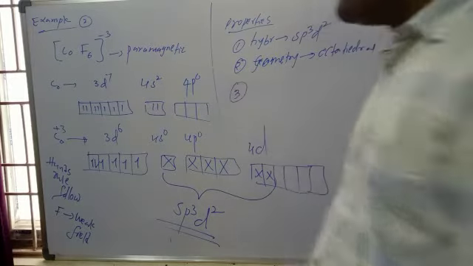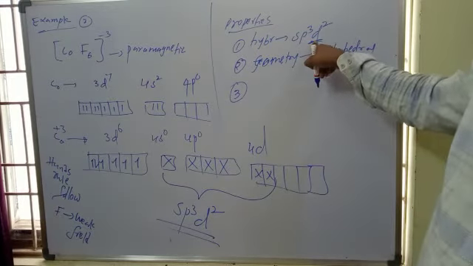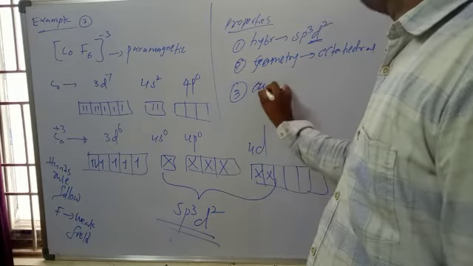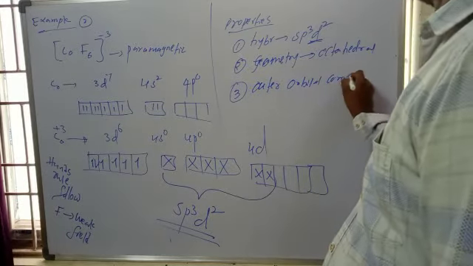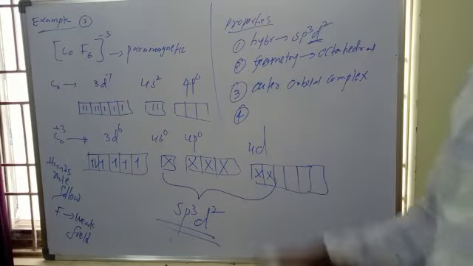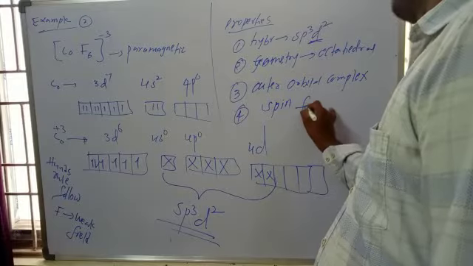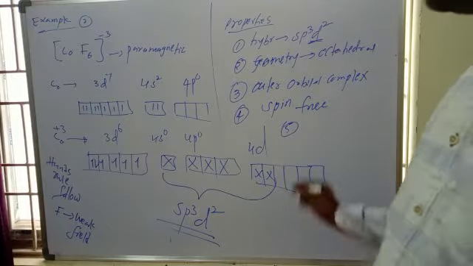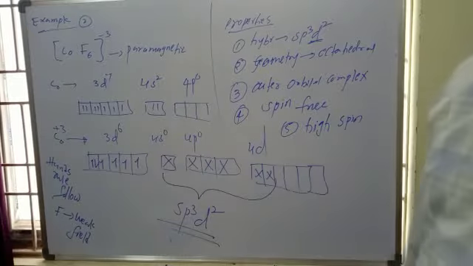Number three, if d orbital of the outermost shell, the nd orbital, is involved in hybridization, this is an outer orbital complex. These properties are important from the entrance exam point of view. Number four, this is a spin free complex, electrons are free, not paired. Number five, this is also a high spin complex, meaning electrons are free.